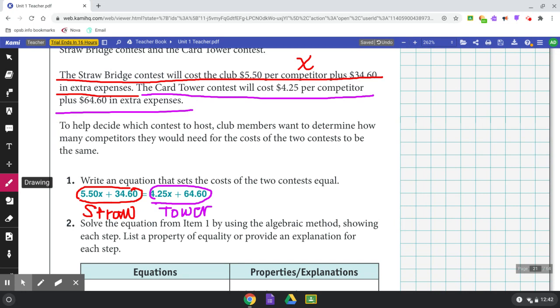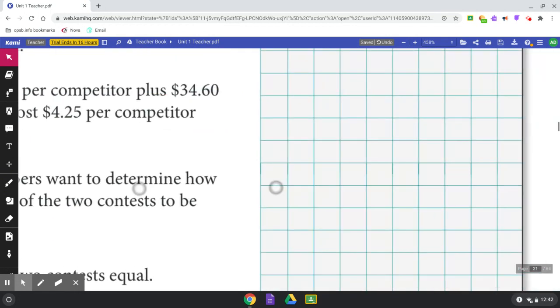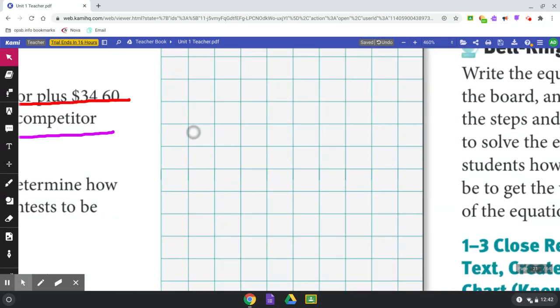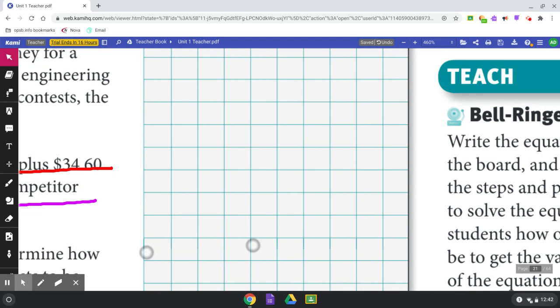So we've got 550x plus, I might not have enough room to write this. Let me move this over a little bit. Try to get some extra room. I write kind of big. Let's see, what if I zoom in a little bit? Then I'll be able to write big on my screen, but it will show small for you.